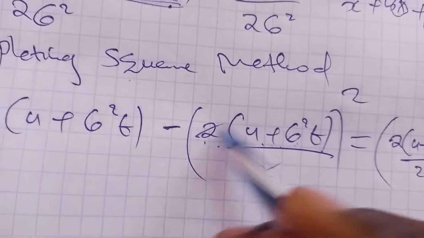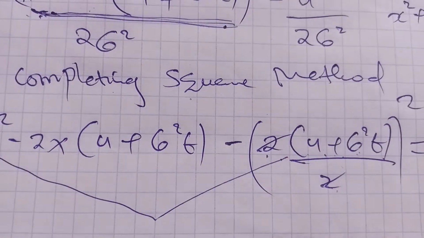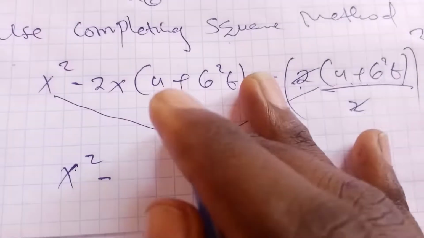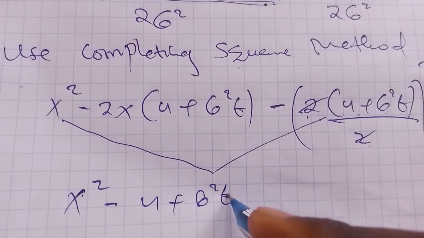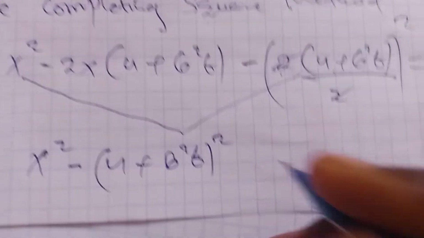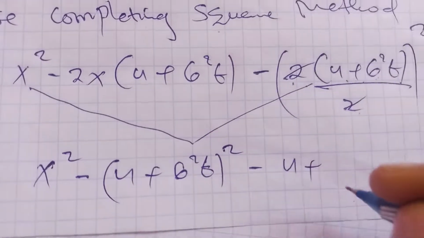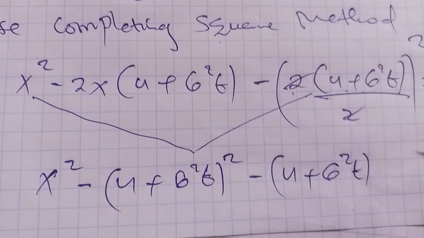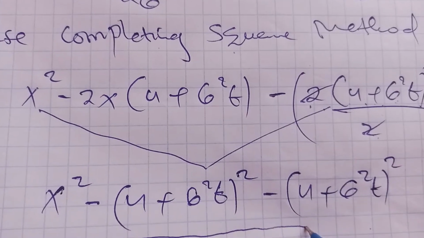So this 2 will cancel here. Then in the completing the square method, I'm going to take this to x squared minus (u plus sigma squared t) squared. Bring this one this side, it will be minus (u plus sigma squared t) squared. So I'm going to get this.